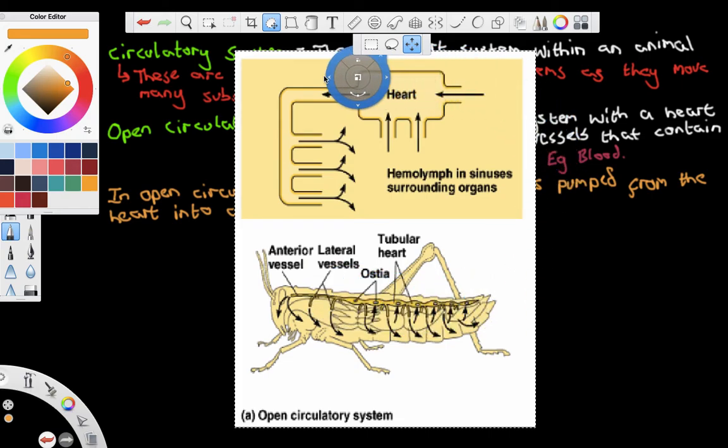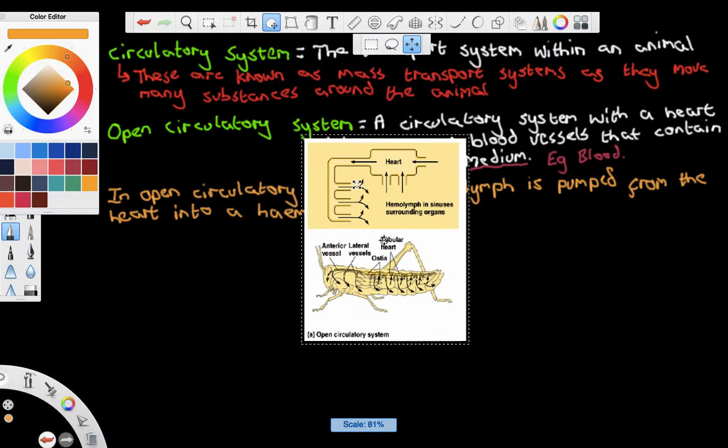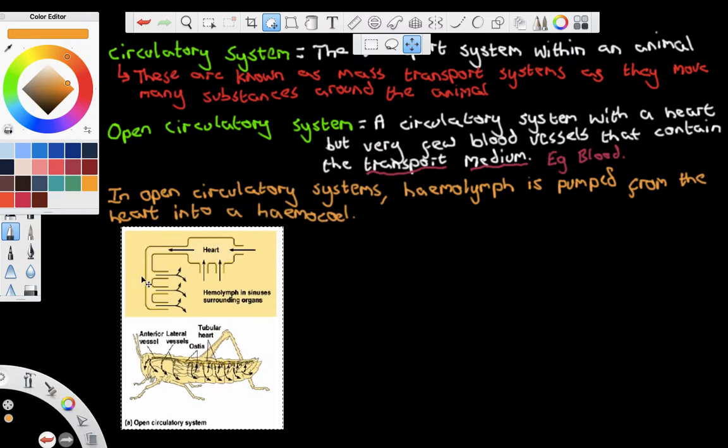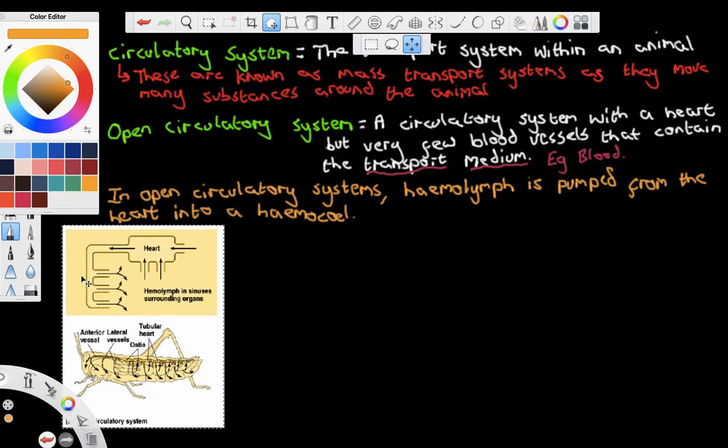These pump blood out into an empty cavity known as a haemocoel, and the hemolymph, which is their transport medium, their equivalent of blood, carries things like nutrients and waste products to and from cells. I'm going to place it down here out the way.